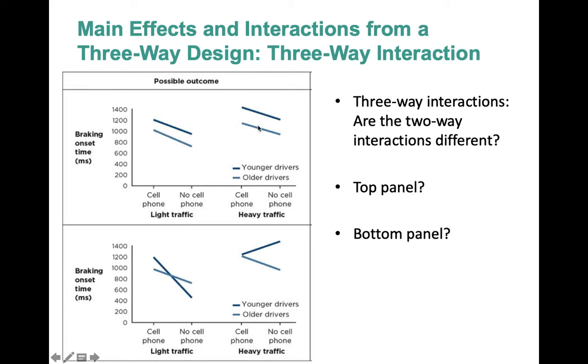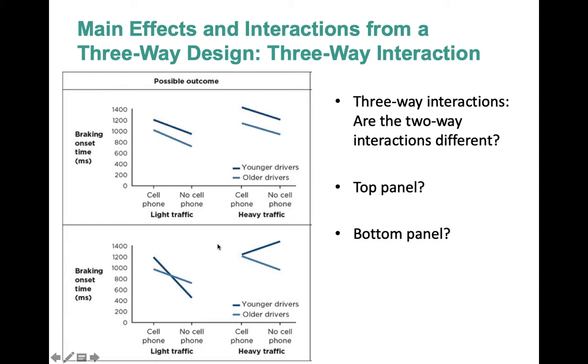Here, what we see is basically a similar effect where we don't have an interaction. We've got younger drivers slower to brake than older drivers, and we've got a relatively consistent difference. So in this top graph, what we can say is that there is not a three-way interaction because there's no two-way interaction on the left and no two-way interaction on the right.